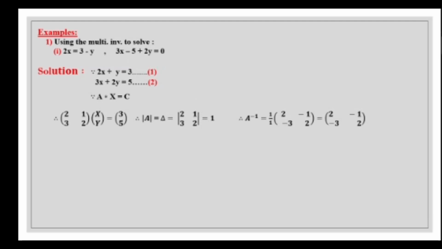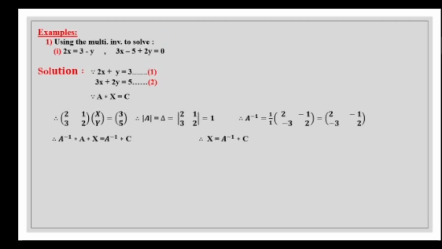Therefore, the multiplicative inverse of the matrix A equals 1 over delta multiplied by the matrix A after changing the elements of the main diagonal and changing the signs of the other diagonal, which will equal 2, -1 and -3, 2.